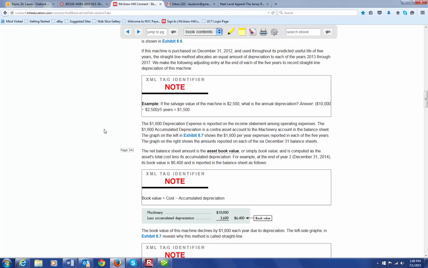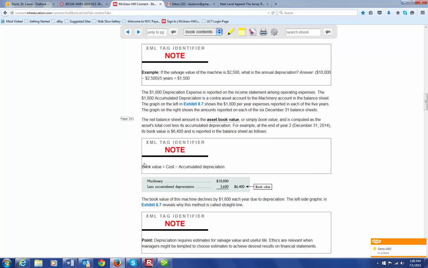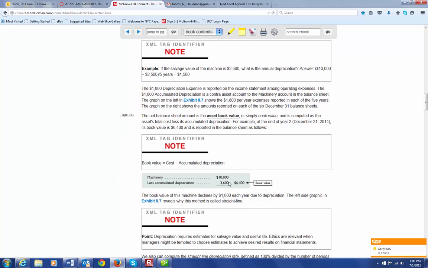Now, this is depreciation expense, and it ends up on your income statement, so it reduces your net income. But on the other side, so you debit depreciation expense and your credit goes to accumulated depreciation.